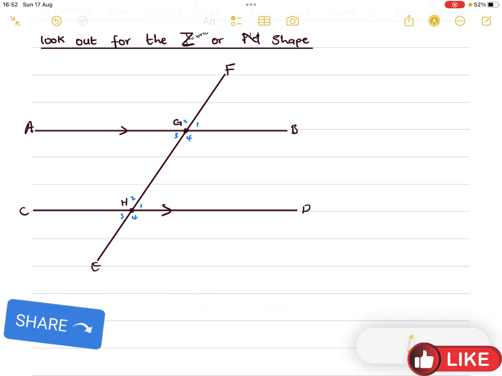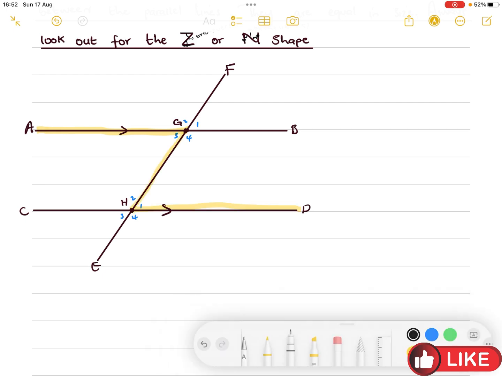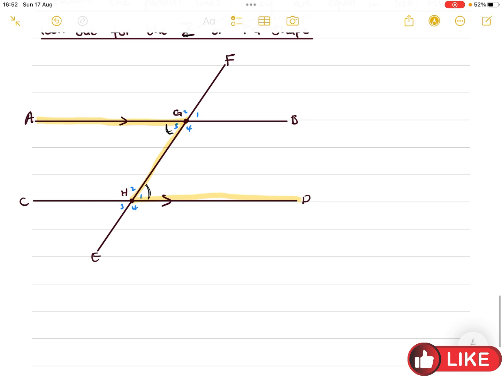So look at this one now. We want to look at Z. This is the Z that we are looking for. In this Z, you can tell that this angle is equal to this angle, using the definition that was stated to us.